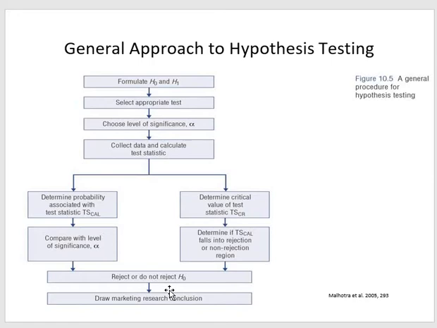You never directly go to your alternate hypothesis and accept the alternate hypothesis. When your null hypothesis is rejected, it by default means that your alternate hypothesis is accepted. So it should be very clear how you design your null hypothesis and alternate hypothesis. And finally, draw marketing research conclusions. So once you have got your result, you can draw the research conclusions whatever are required.